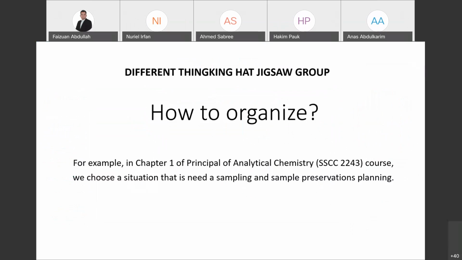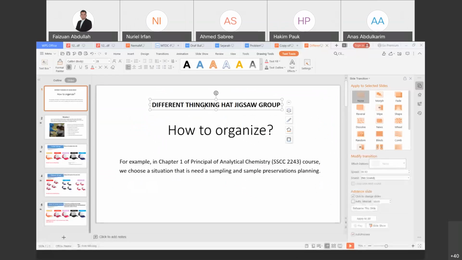Okay, this assignment is an activity assignment. We have to do the activity first, and then we come out with the write up of the assignment. We call it the thinking hat jigsaw group.